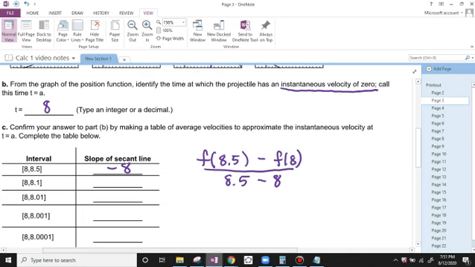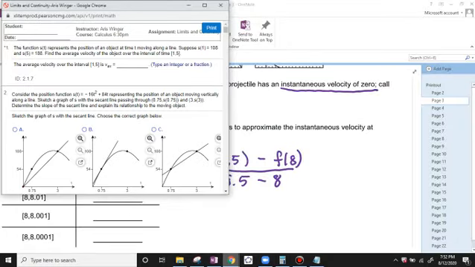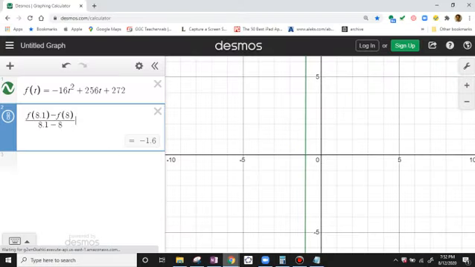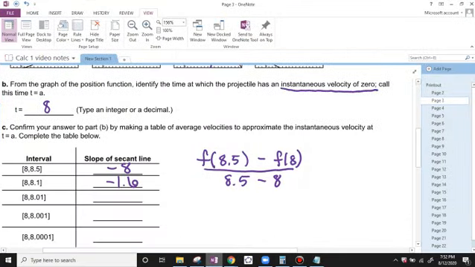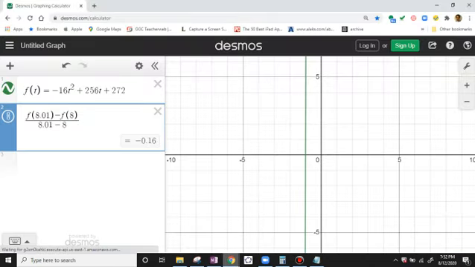And what we should be noticing here is that the closer we take this value to 8, the closer we should be getting to 1 and only one number, right? So now I think the next number is 8.01. So we go here, 8.01, 8.01, negative 0.16. Okay. Again, we think the answer should be getting closer and closer to 0.